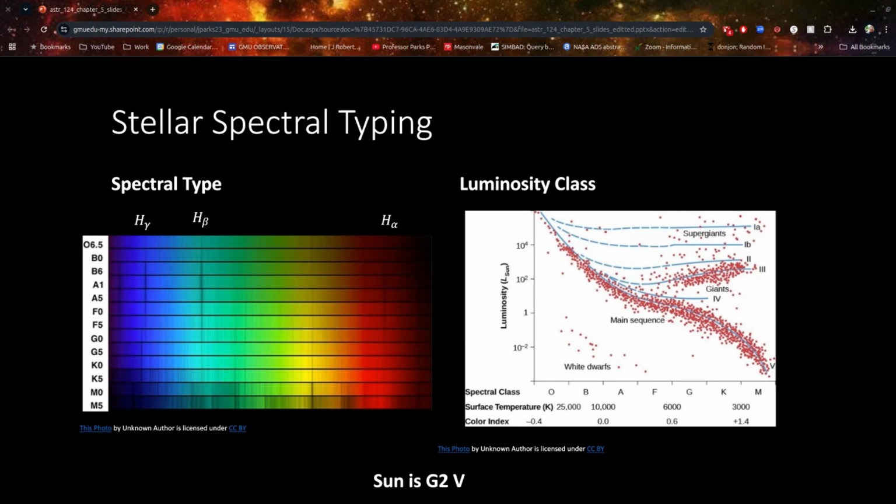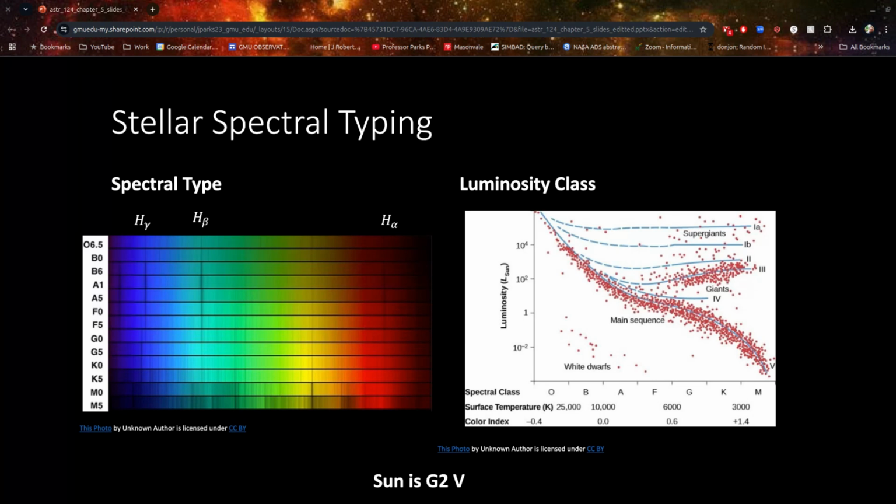Then often you will see what is known as the luminosity class. Luminosity class is a proxy for age, effectively, stage of evolution. Most stars are what we call main sequence stars.